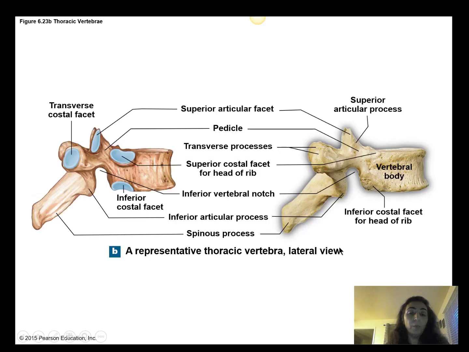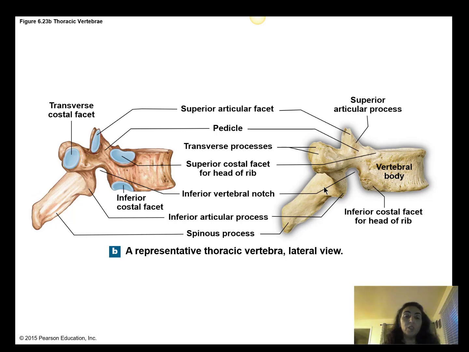If you look at the picture of a typical thoracic vertebra, look at the spinous process of the vertebra. You see that it's a long spinous process, and the direction is tilted downward.